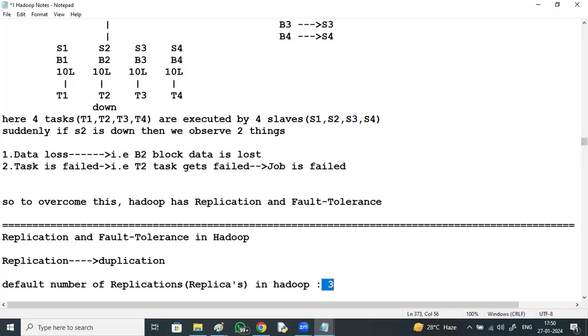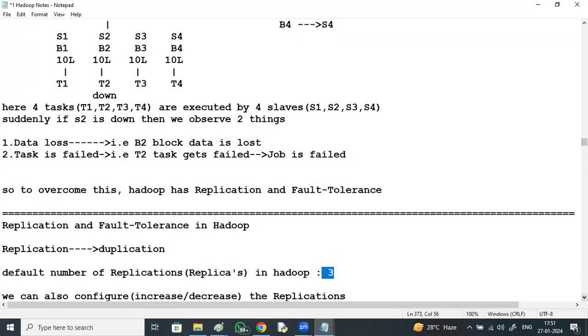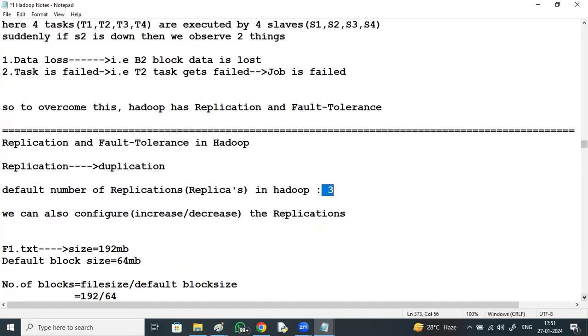3 replicas, right? We can also configure this to increase or decrease the replications. By default it is 3. If you want more duplications, you can increase it. Later I'll show you how to increase or decrease the replication.